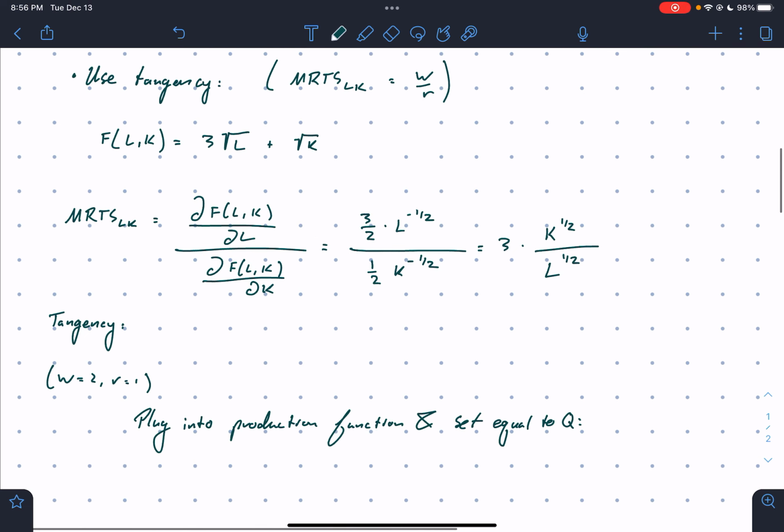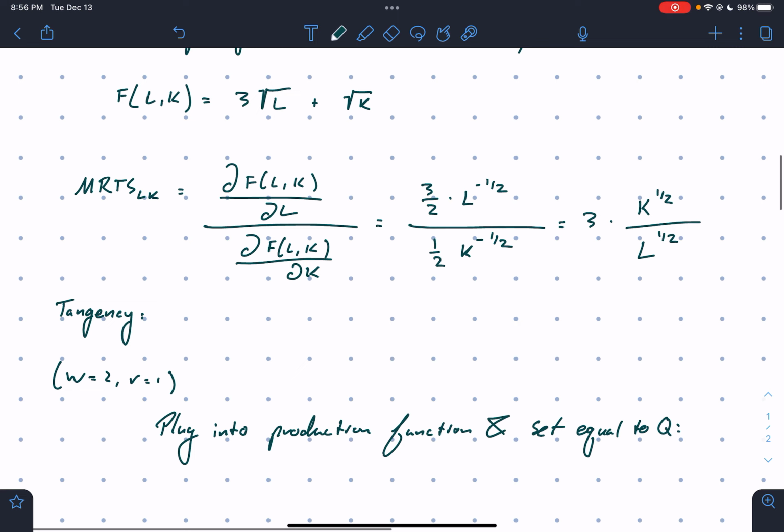Now, what I want to do is use the tangency condition. So I found the MRTS, and now I want to set the MRTS equal to W over R. So I'm going to set MRTS between L and K equal to W over R. So again, here we have W is equal to 2, R is equal to 1.